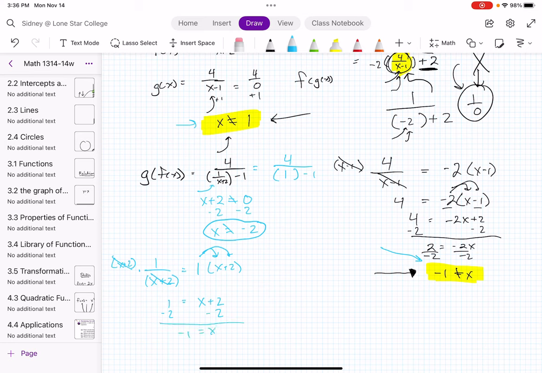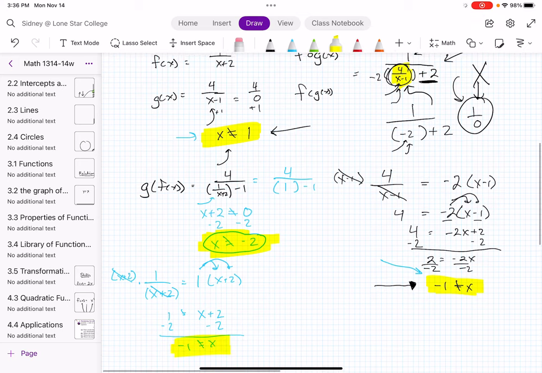So in this case, for g of f of x, the two pieces that I cannot use in my domain: I cannot use the x value of negative 2 because that will give me an undefined value, but I also can't use negative 1 because that will also give me an undefined value.